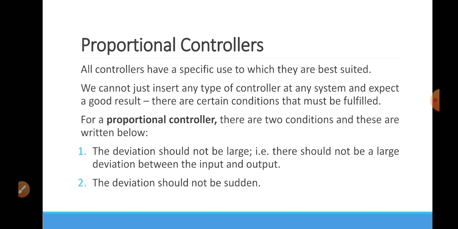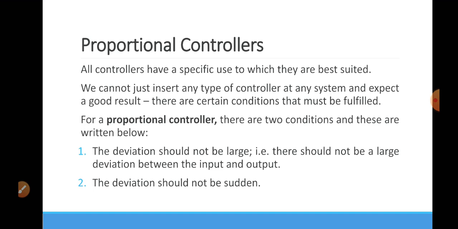All of you know what the meaning of proportion is. If I give an input of 2 units and I'm doubling it, then the proportion value is 2, because it's doubling, and therefore the output will be 2 units multiplied by the proportion 2.